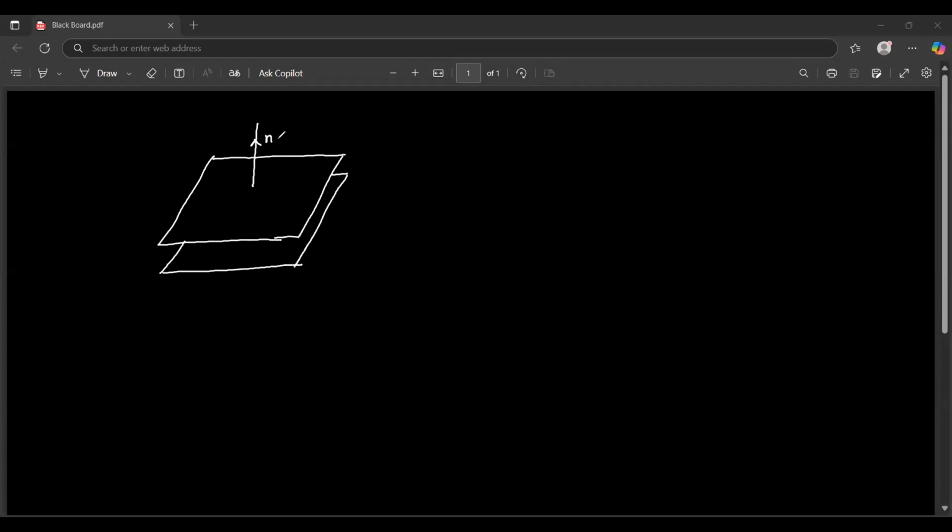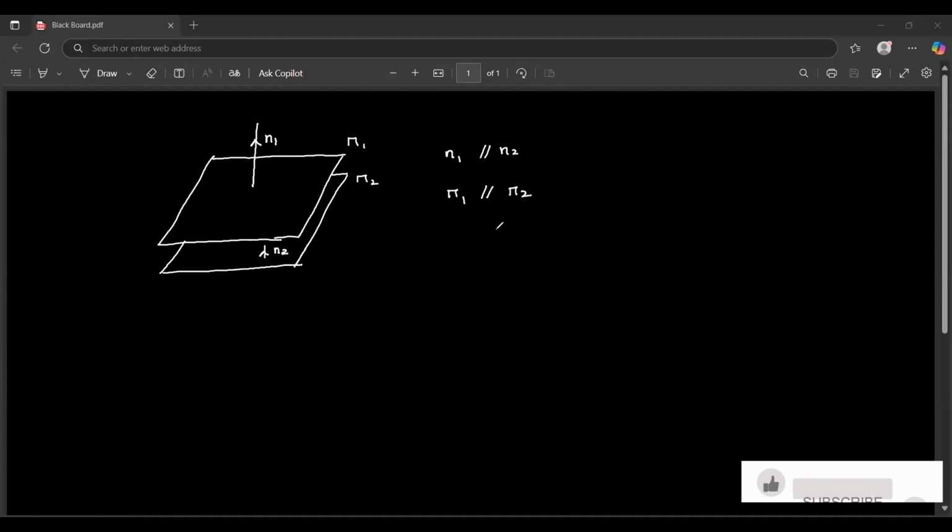Let's say this is n1, and this is n2. If n1 and n2 are parallel, we can say pi 1 is parallel to pi 2, which means the angle between these two planes, pi 1 and pi 2, is theta equals 0 degrees because they are parallel to each other. This is one thing.